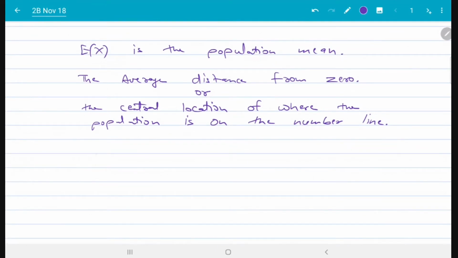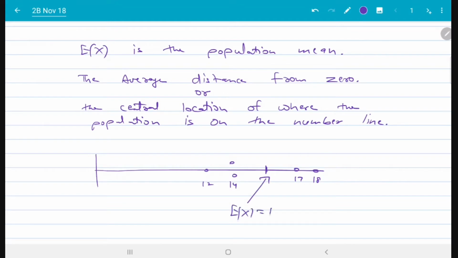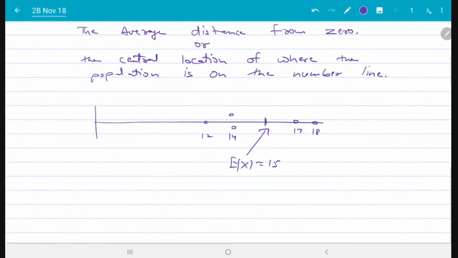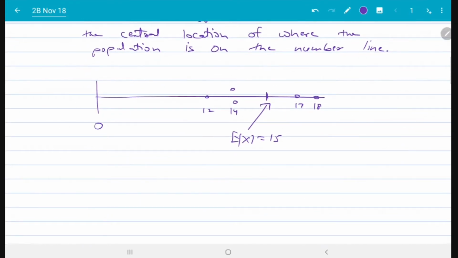Okay. E of x for this population is 15, somewhere over here. Good, so we know where it is. This is 0.